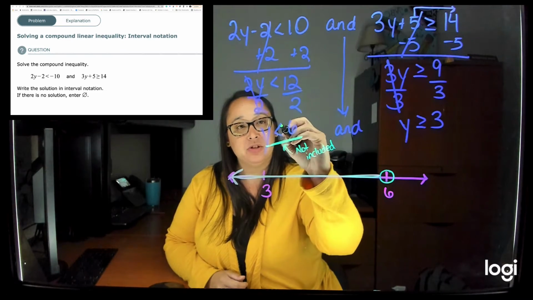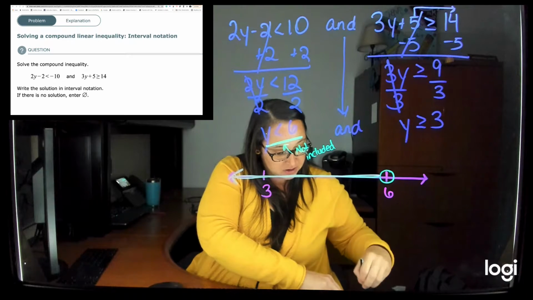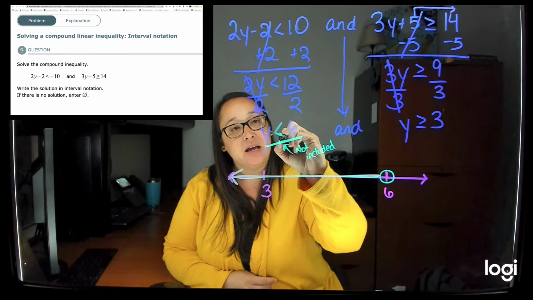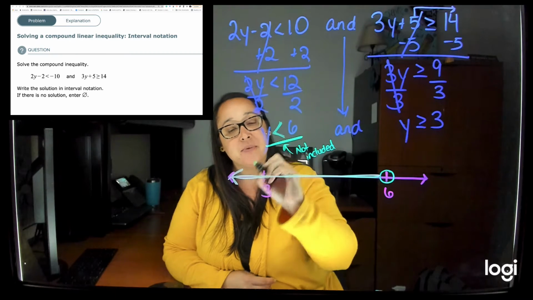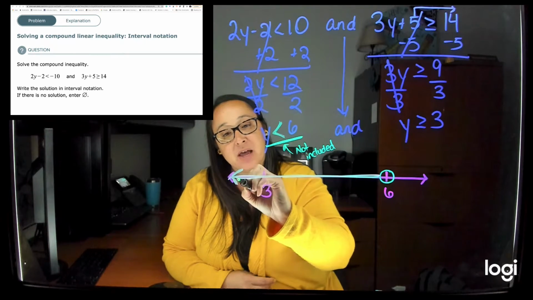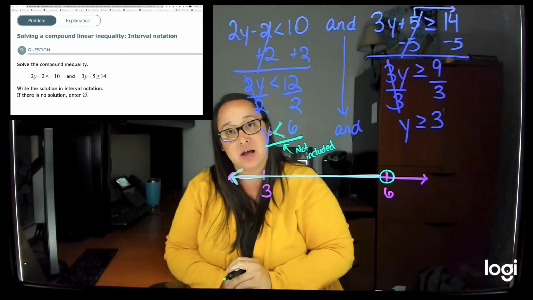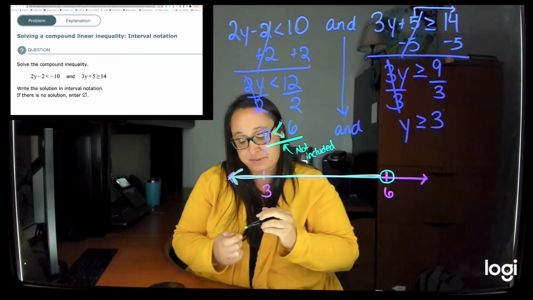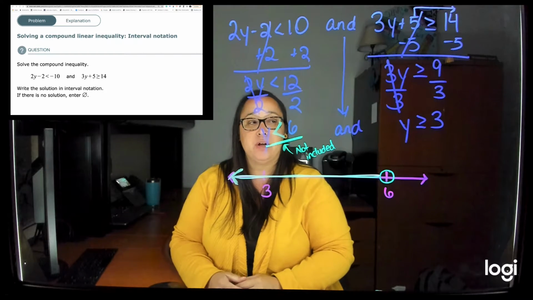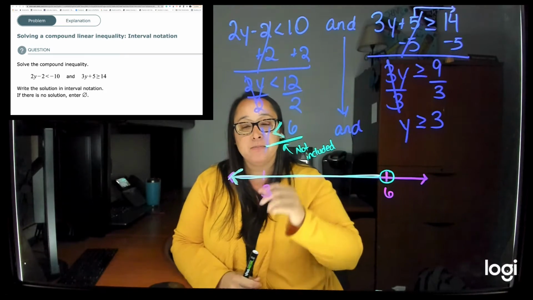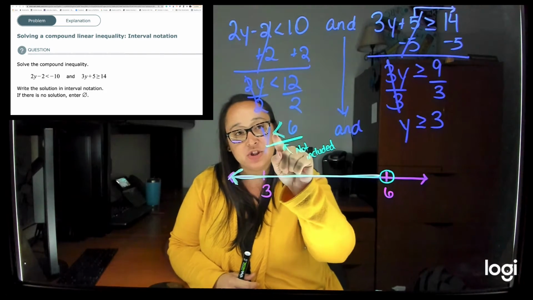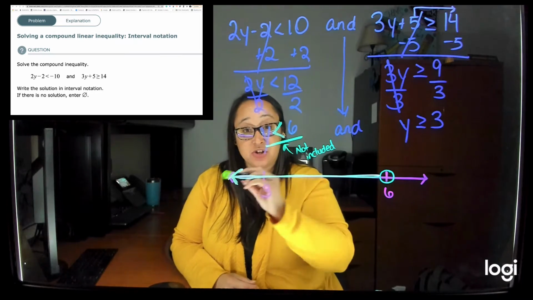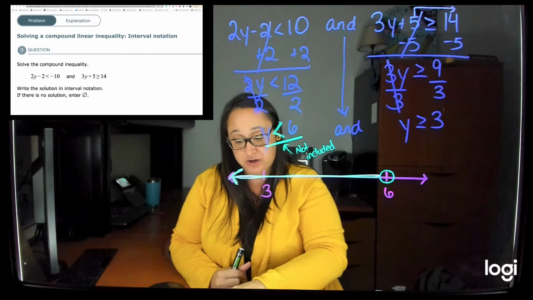And remember, if you look at this, my sign here is pointing the same way as the arrow on my number line when I shade. So that's one way to help you check, because I do know some students have trouble determining which way to shade. Your arrow, when you draw your line, should face the same way as your arrow in that inequality. Because they're facing the same way, I know I graphed that correctly.